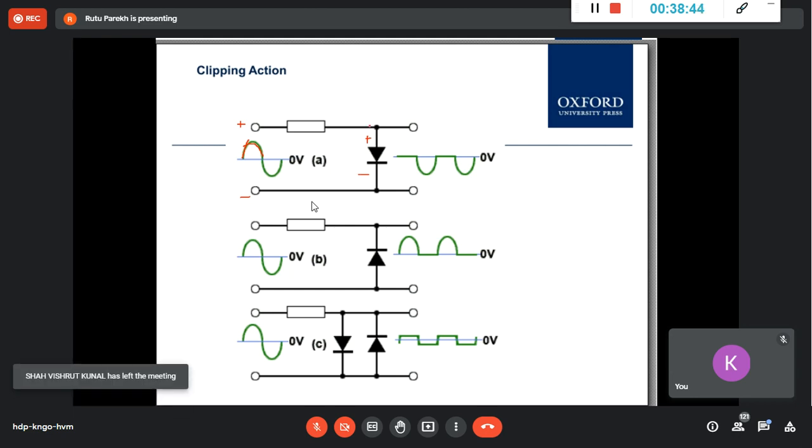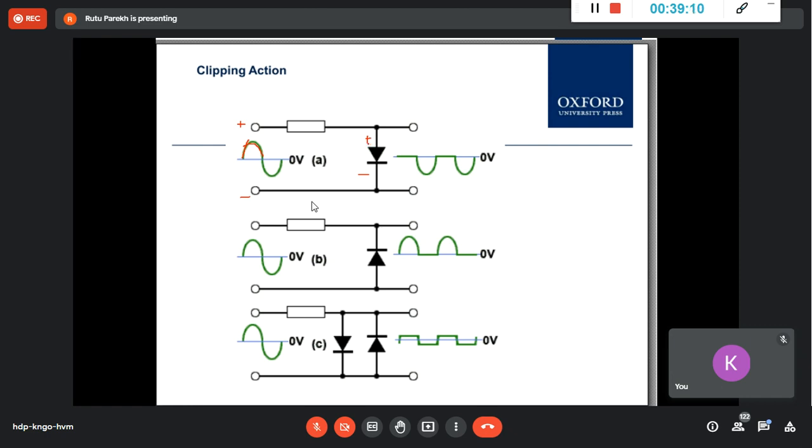So it is conducting for this polarity, for the positive half. Now to make it conduct, this has to be plus and minus. Plus to plus or minus to minus, it is forward biased. So for the positive half, it will be forward biased.